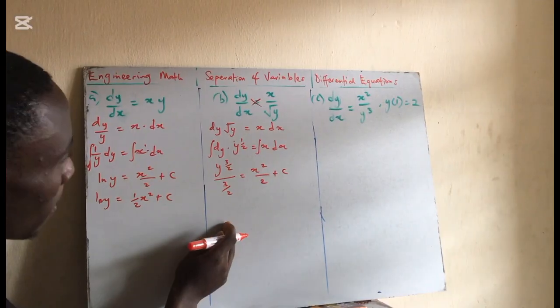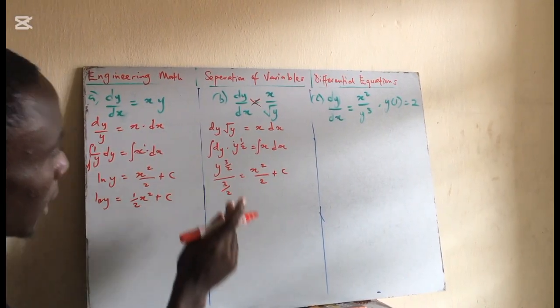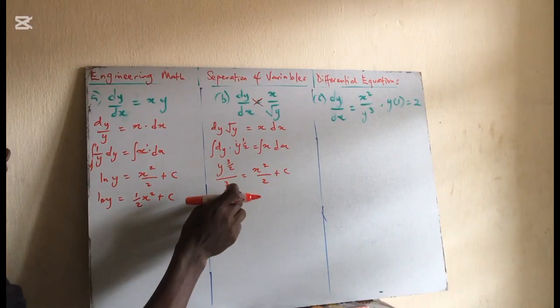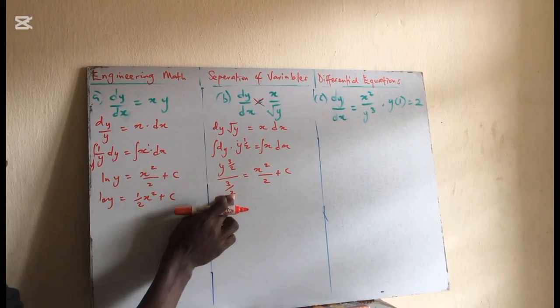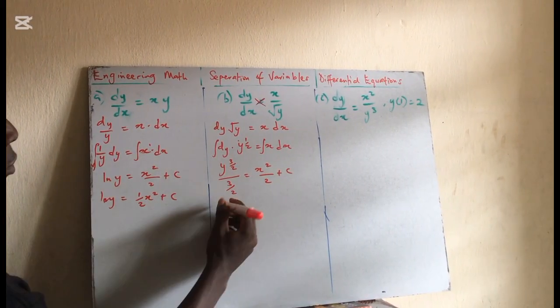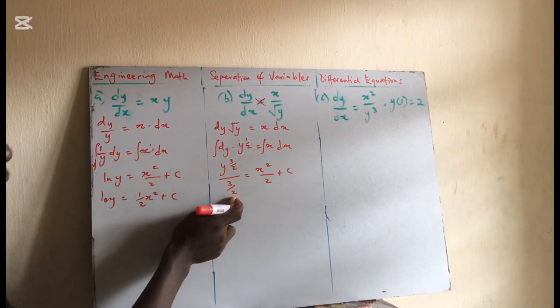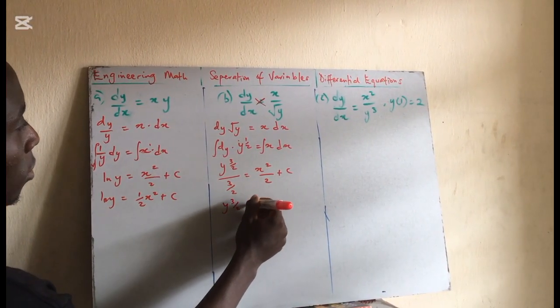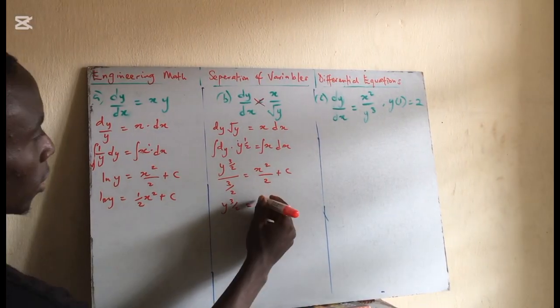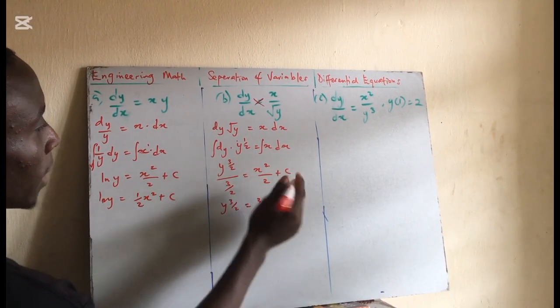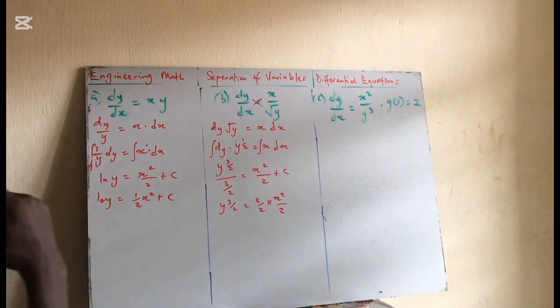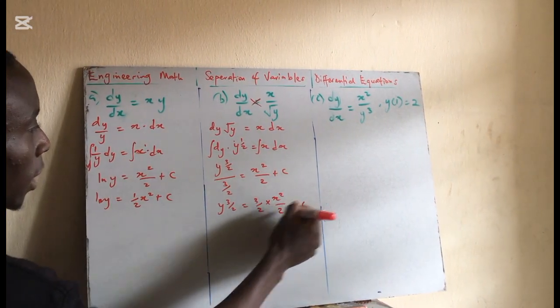So from here you can multiply both sides by 3 over 2, because our plan is to isolate y, right? So we want to make this y alone. If you multiply both sides by 3 over 2, we cancel 3 over 2 here. We have y raised to power 3 over 2 equals 3 over 2 multiplied by x squared over 2, plus c, don't forget that.